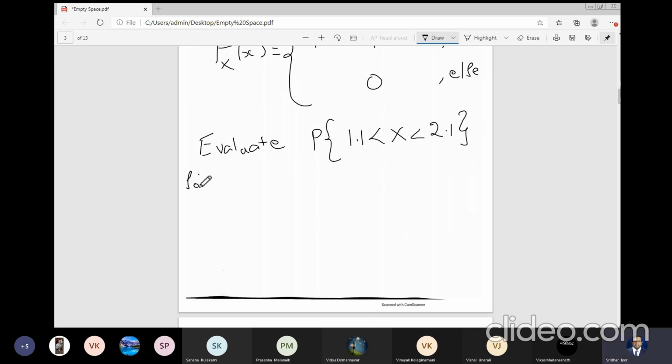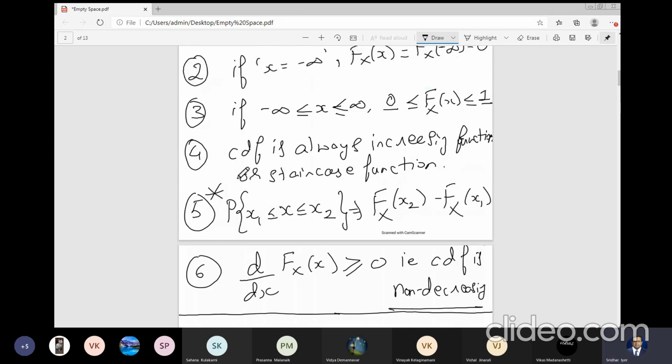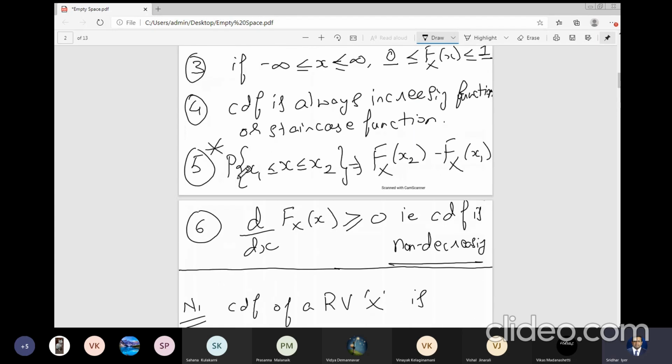So what would be the solution here? If you take this probability of 1.1 less than x less than 2.1, we know from property number 5 that if I want to find the probability between 2 points x1 and x2, it is nothing but the CDF of the higher point subtracted with the CDF of the lower point, right?